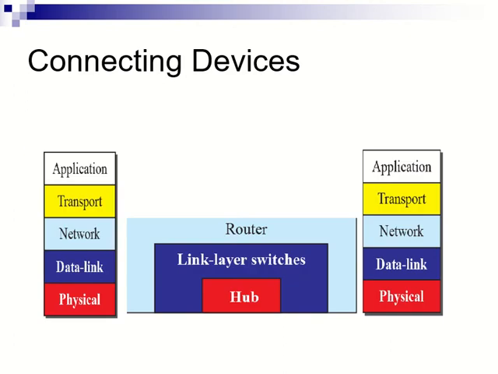As you can see in the slide, there are three different devices used at three different layers of an internet protocol. Hubs operate in the first layer of the internet model. Link layer switches operate in the first two layers, and routers can operate in the first three layers of the internet.